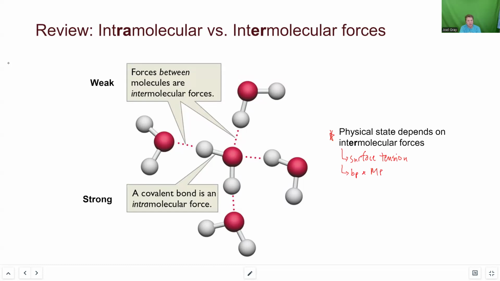Intramolecular forces do very little to influence that. Are they relevant? Yeah, they are. But when we think about a solution or a gas or lots of something put together, you want to be thinking about intermolecular forces as opposed to intramolecular forces.